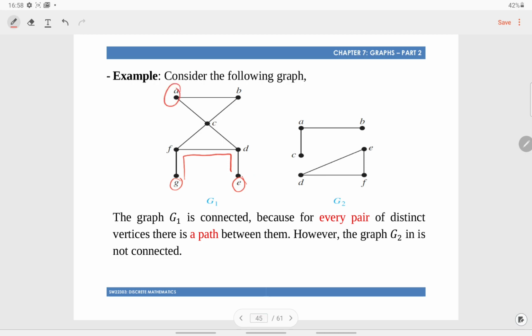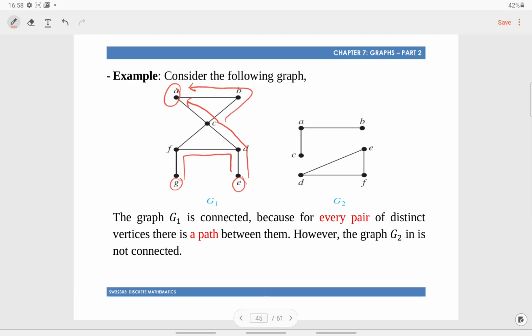Every pair of distinct vertices is connected. In the graph G1, we can make a path from one vertex to another.